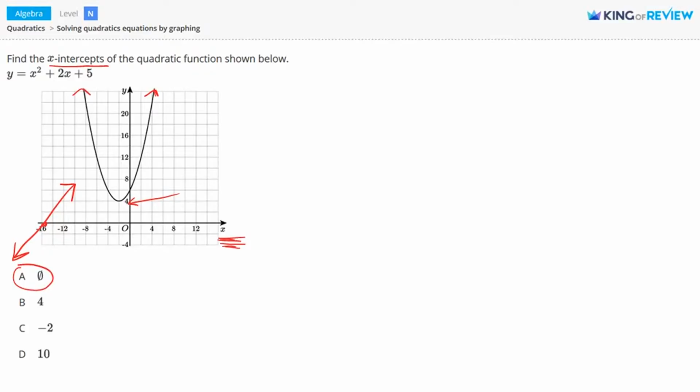But you can also solve this problem algebraically. If we have the equation y equals x squared plus 2x plus 5, we're looking at an x-intercept. If we look at this line here, the x-intercept is this point.